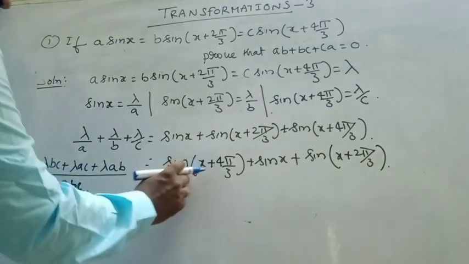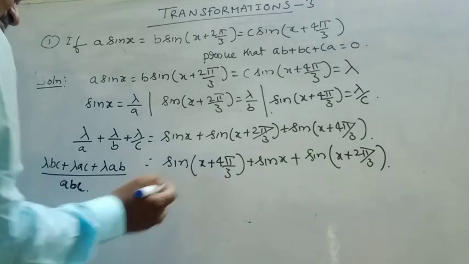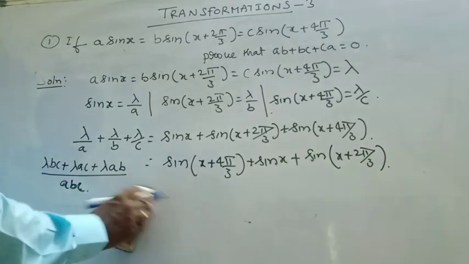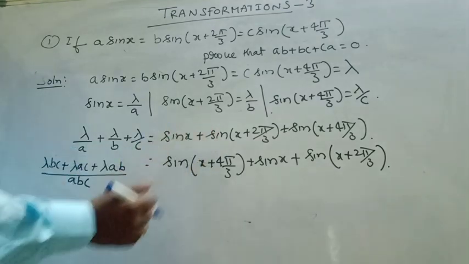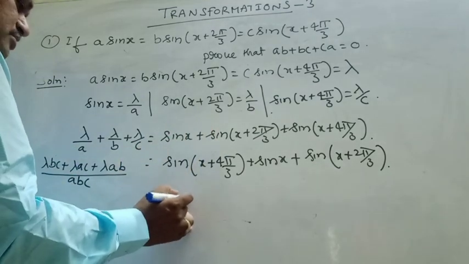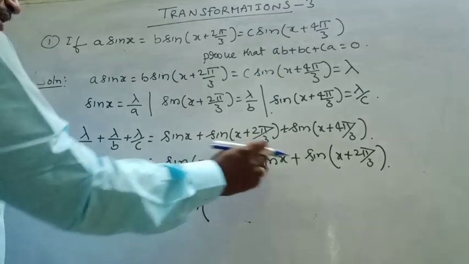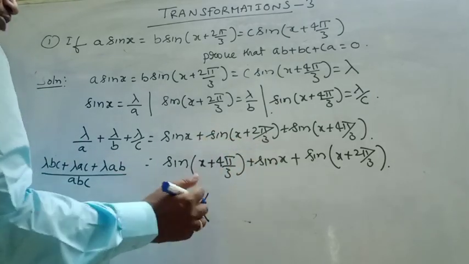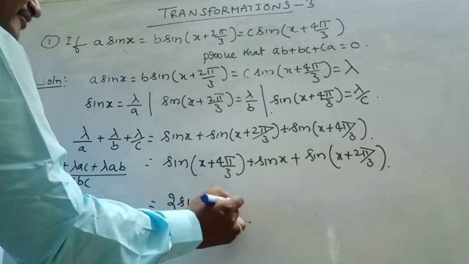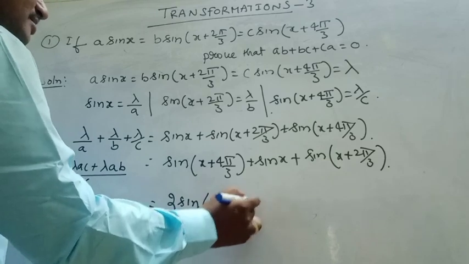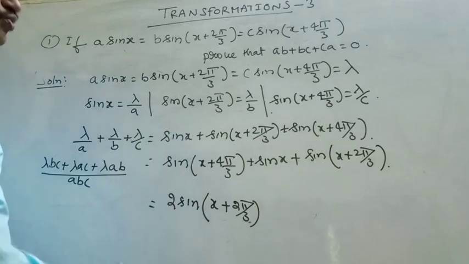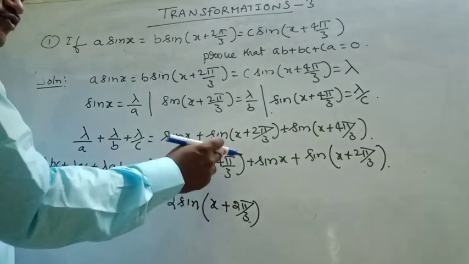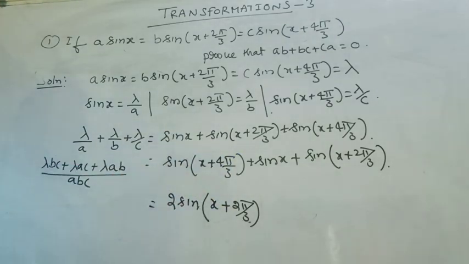Now let us apply the sin C plus sin D formula here. It gives 2 sin of (C plus D) by 2 cos of (C minus D) by 2. C plus D by 2 is x plus x, 2x plus 4 pi by 3, by 2, which is nothing but x plus 2 pi by 3, because 2x by 2 is x and 4 pi by 3 by 2 is 2 pi by 3.